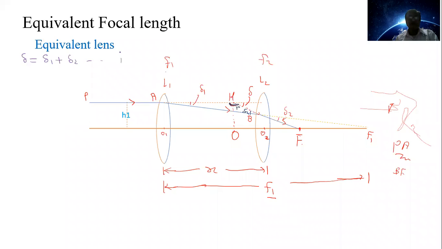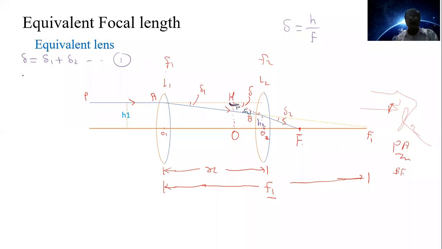Suppose this is our equation number 1. Now you know the common definition of delta: delta is equal to h upon f. Now see here, the light ray AB is incident on the second lens at a height h2, let us assume. But delta is the total deviation.